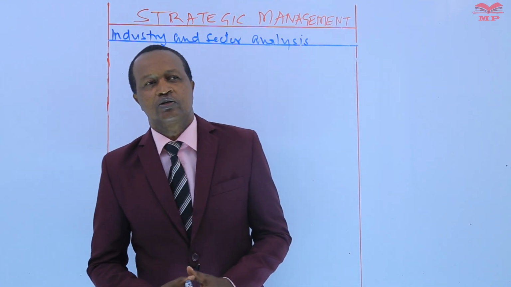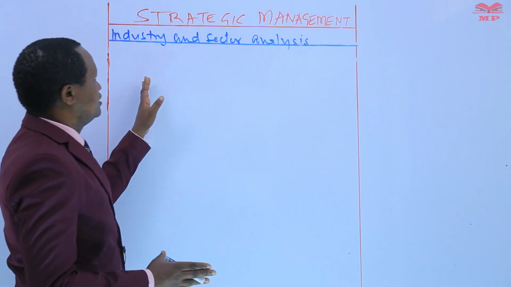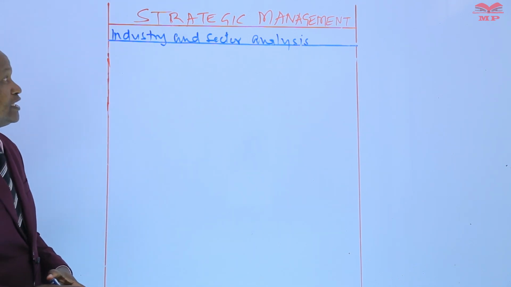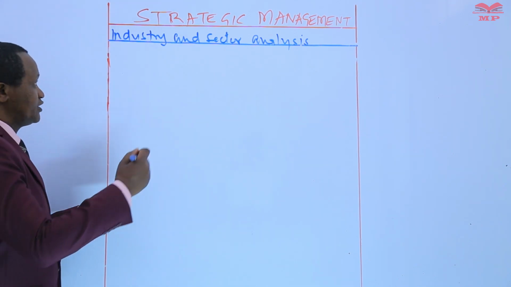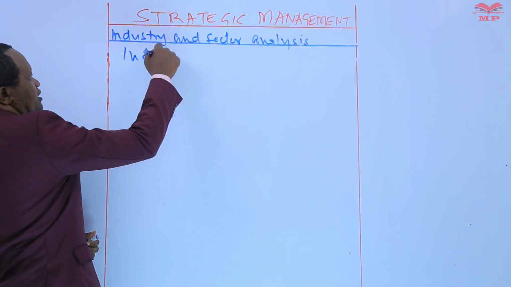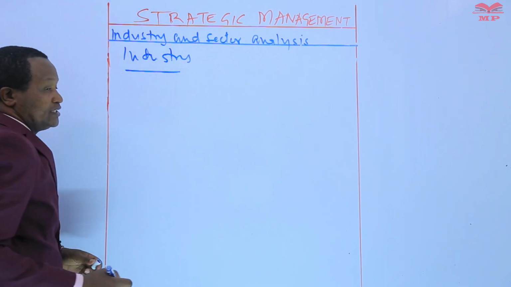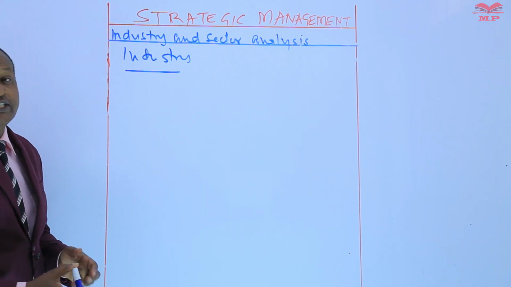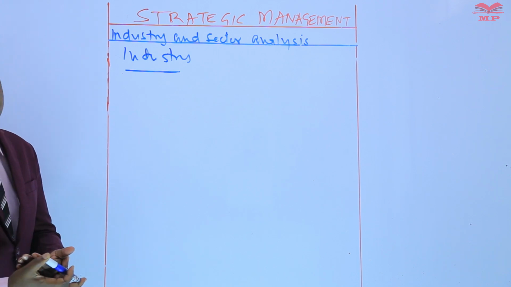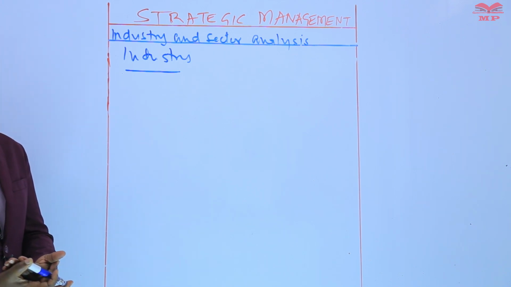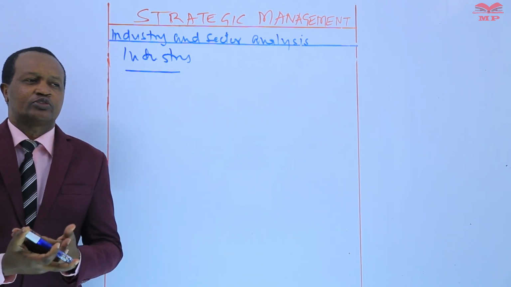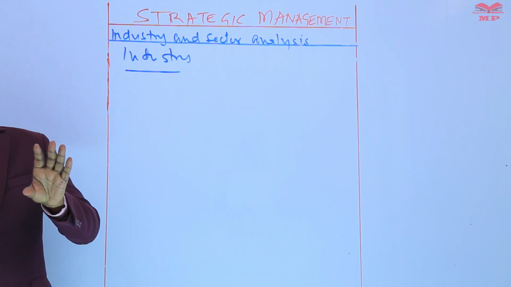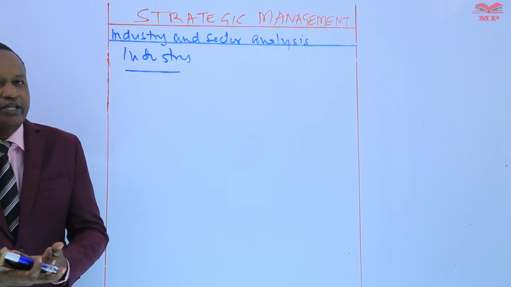In today's lesson, we are going to study industry and sector analysis. We begin with industry analysis, which is a crucial aspect of strategic analysis because it delves into the dynamics, the structure, and the competitive landscape of the specific industry in which a business operates.